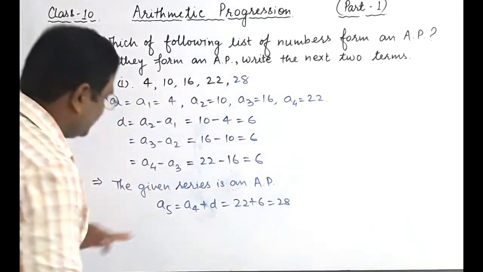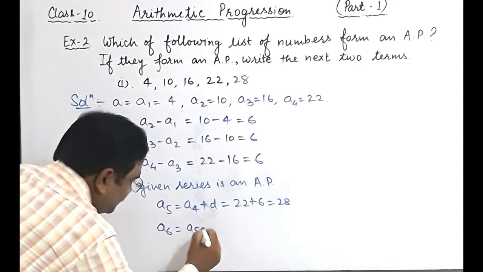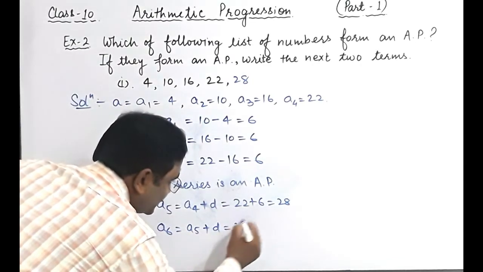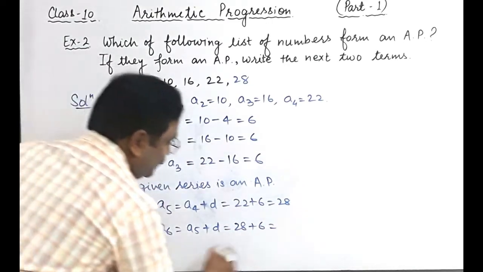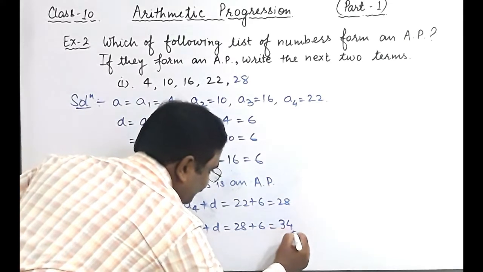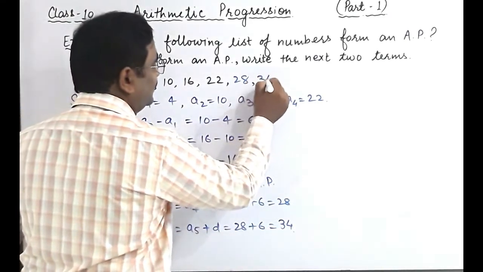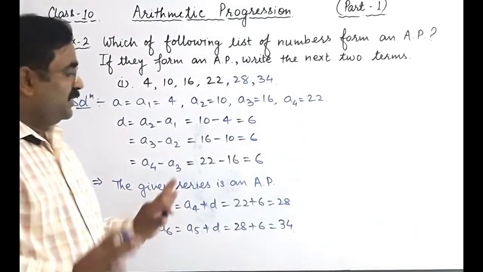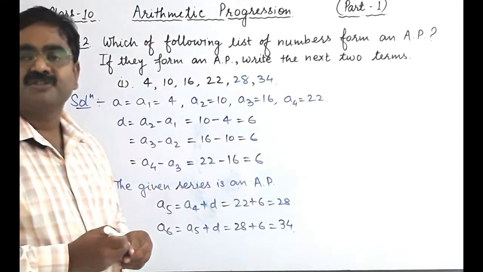And the other next term, a6, it is asking, is a5 plus the common difference d, that is a5 which is 28 plus 6 again, that is equal to 34. Therefore its other next term is 34. Right, children? If you are facing any problem in finding this, you can ask the question, right?